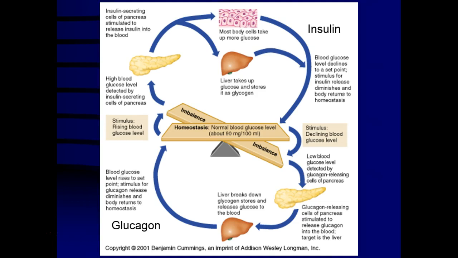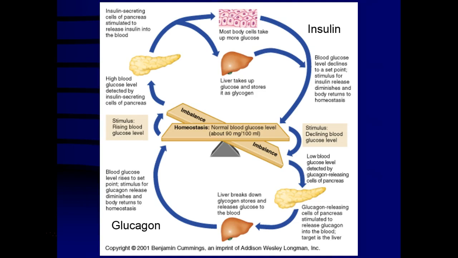So we get a little peak in blood sugar when we eat. Now, blood sugar tries to be maintained within a fairly narrow range. On average, we have a blood sugar at pretty much any given time around 90. That's 90 milligrams of glucose for every 100 milliliters of blood.